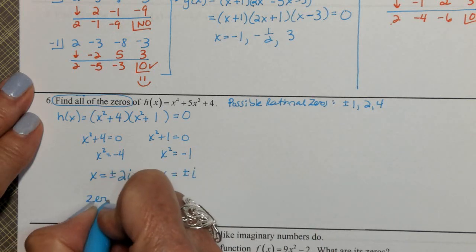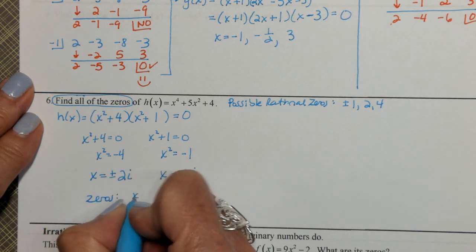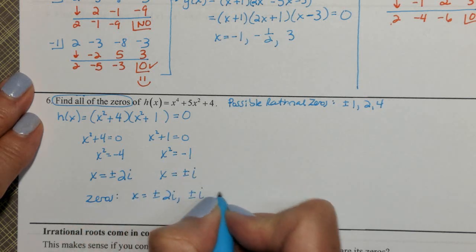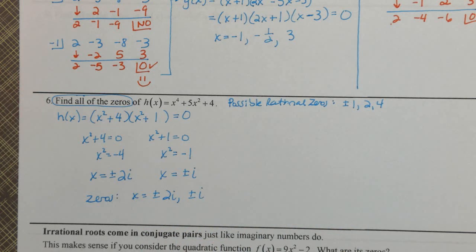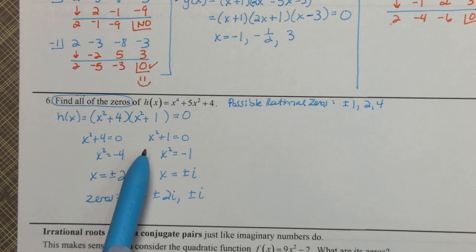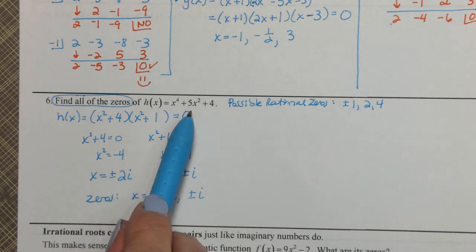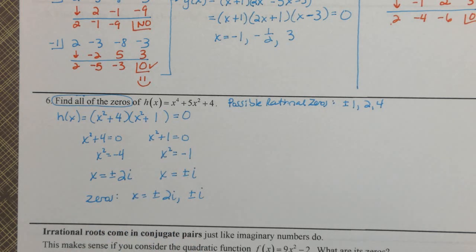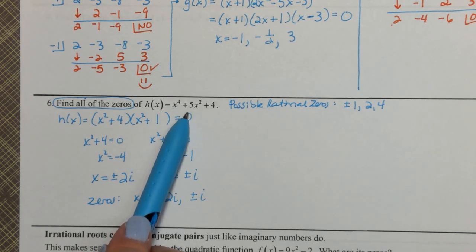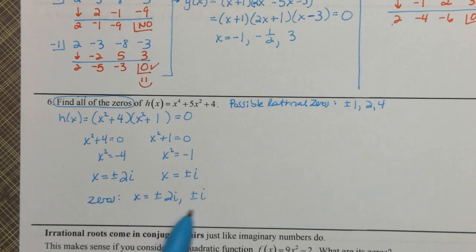So my zeros here are x is equal to plus and minus 2i and plus and minus i. There were no rational zeros for this function, and there were not even any real zeros for this function. So my question to you is, how many times does this touch the x-axis? None. There are no x-intercepts because every zero is imaginary.